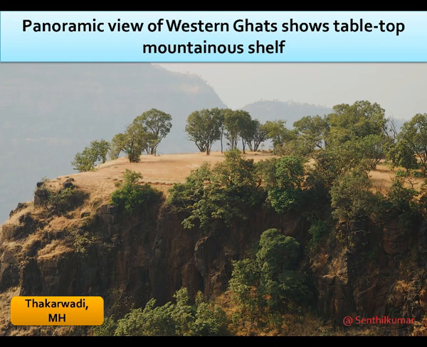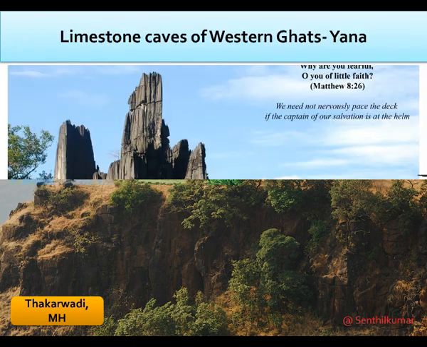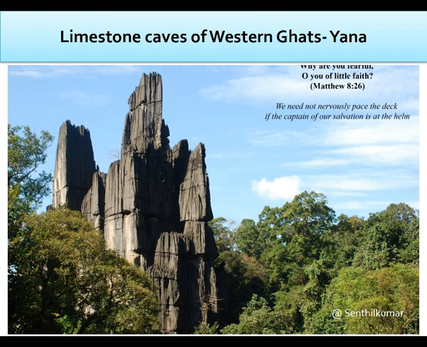This picture is taken by me from Thakarwadi, and shows the beautiful orogeny assemblage of the basalt rocks that indicates the Deccan Trap region. Another one is the limestone caves of the Western Ghats. Again, limestone caves carry a very good geological history.